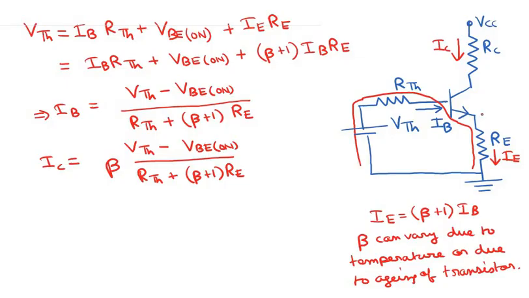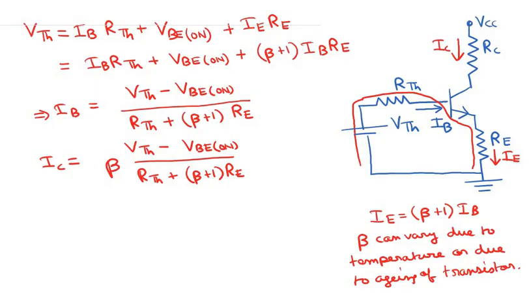So now let us show that the collector current is almost independent of beta. If we can show that, then we can say that the collector current is immune against any variation in beta.